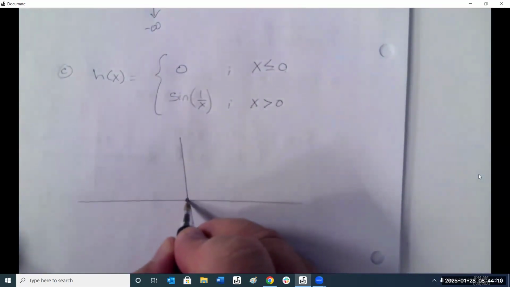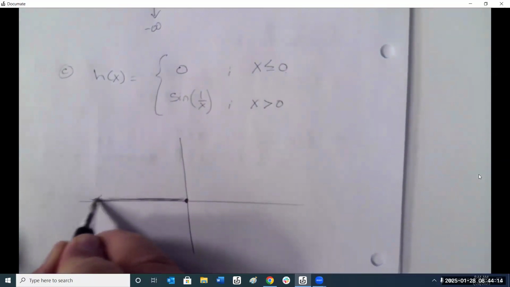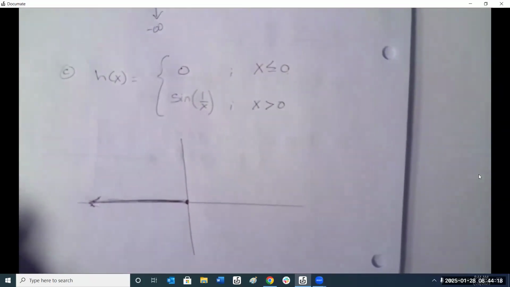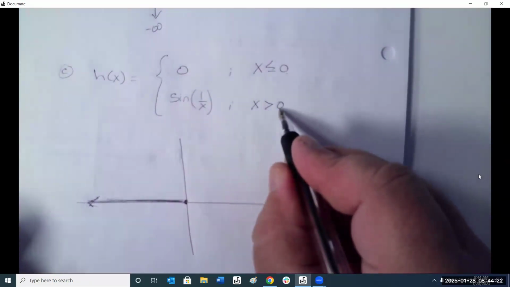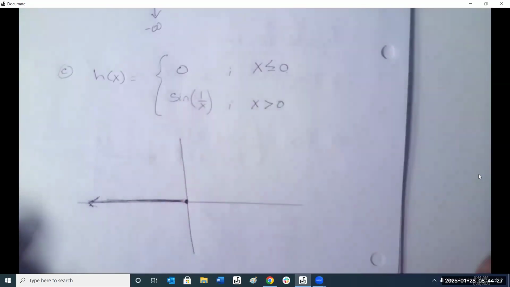So we have a dot there, and it goes on forever this direction. But when x is greater than 0, we have to use this function, sine of 1 over x.